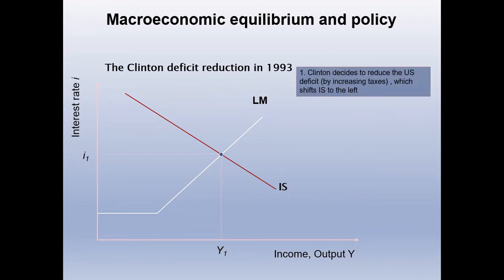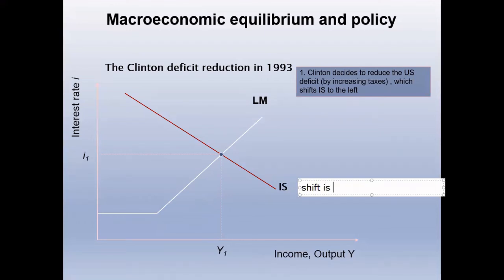What did Clinton decide? He decided to reduce the deficit. What do you mean by the deficit? The government deficit. So how can he reduce the deficit? He proposed to increase taxes. And increasing taxes, which is related to the government, will affect the IS. So pay attention here. From the previous slides and discussion, how can I make a shift for the IS?